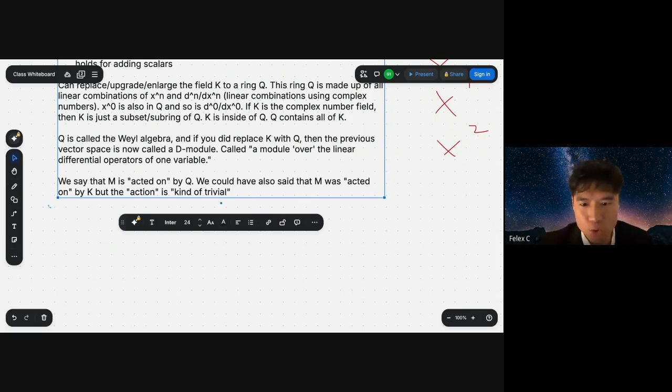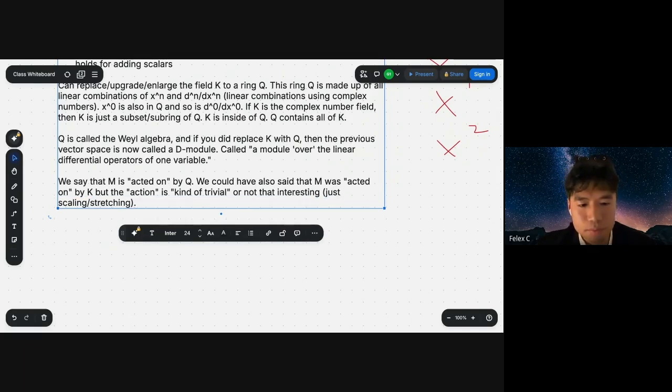It's nothing crazy interesting that happens. Just stretching an arrow is kind of trivial, or not that interesting. Just scaling, stretching.